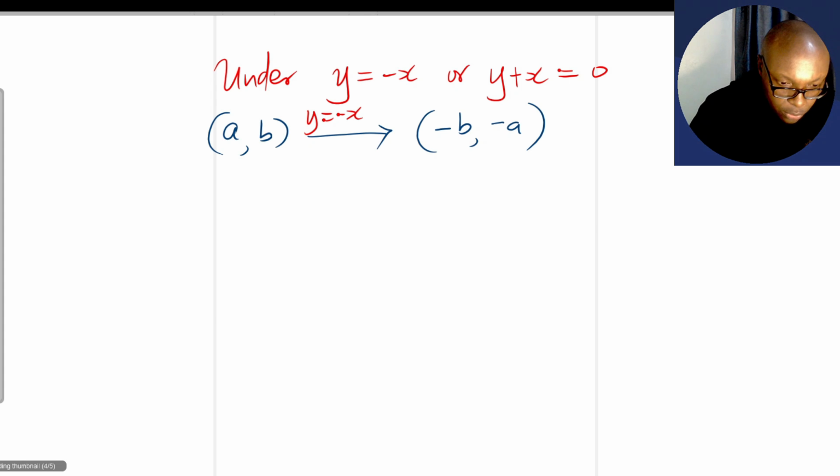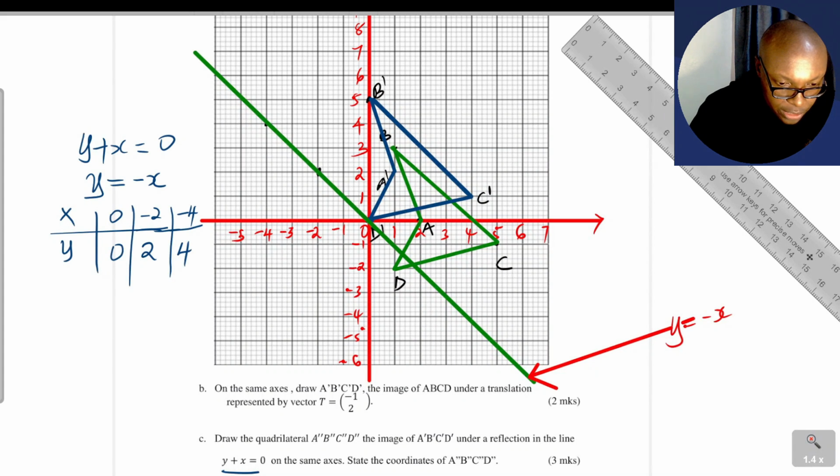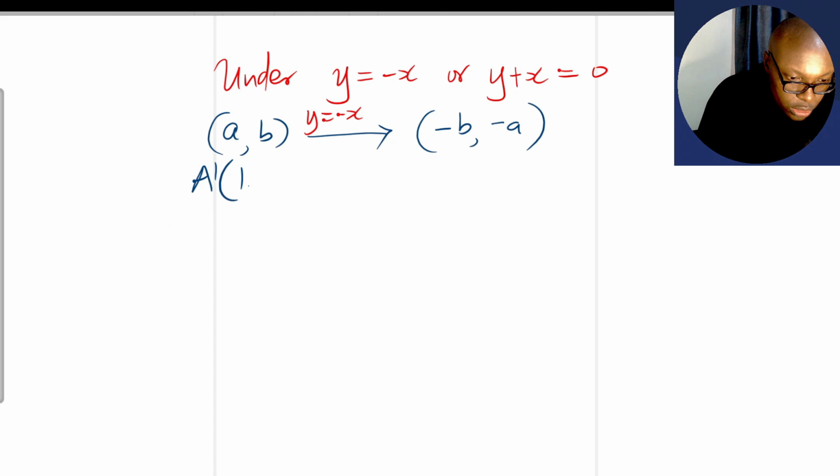So we do the same for all the points that are here. For example, A prime is (1, 2). Under this reflection, it will be A2, which will be (-2, -1).